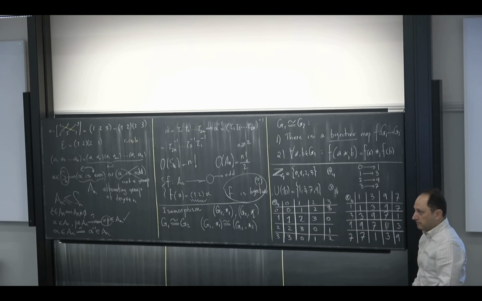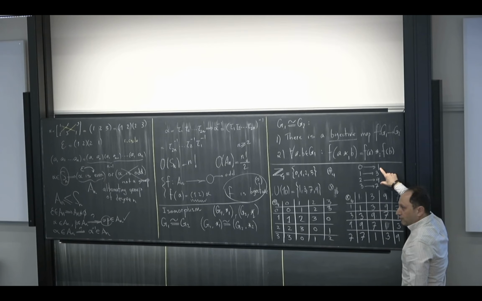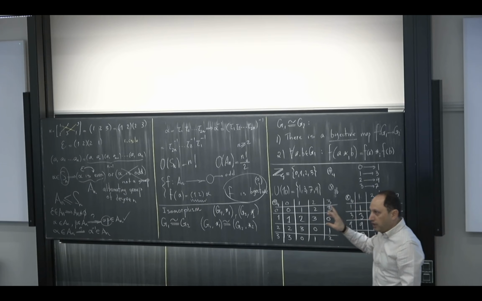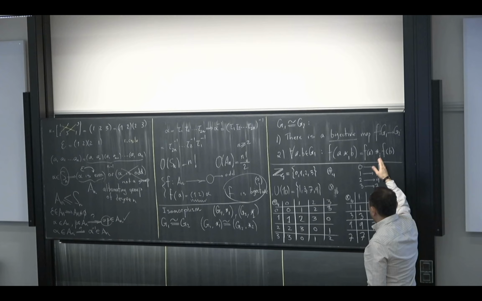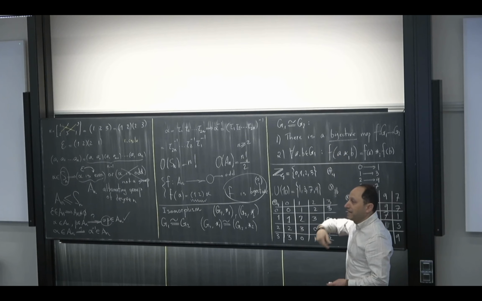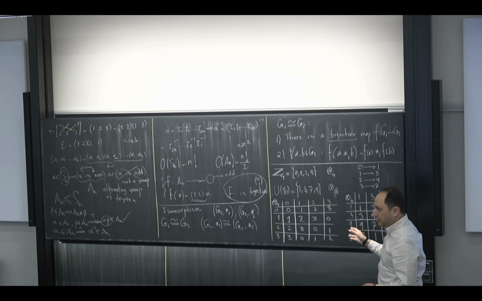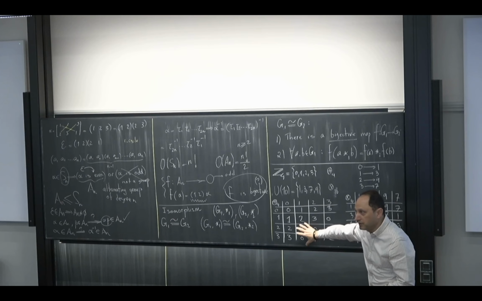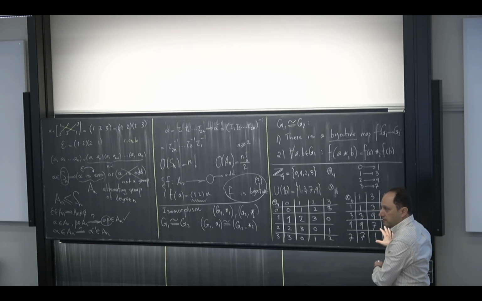I have already done this at home, so it's in my memory. If I send it randomly, it might not work. Isomorphic means you can find a relabeling that changes this table totally into this table. Okay?